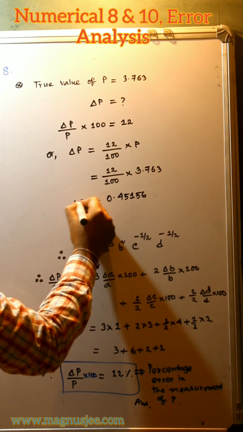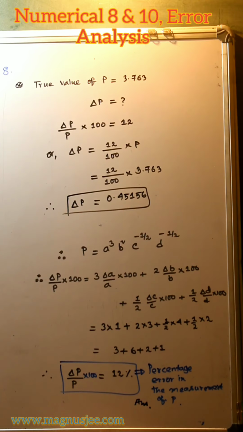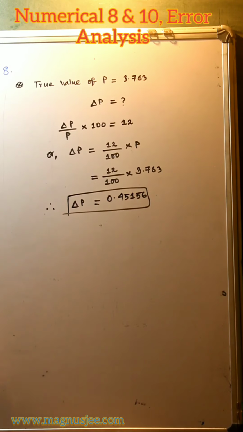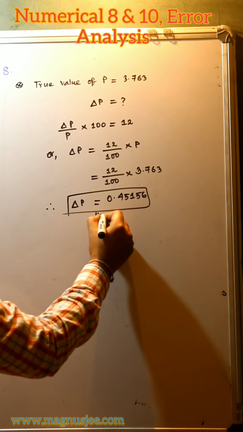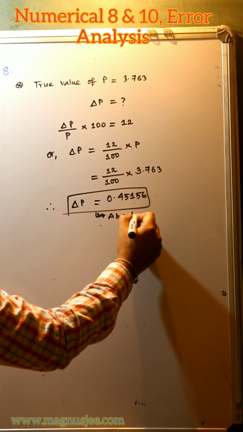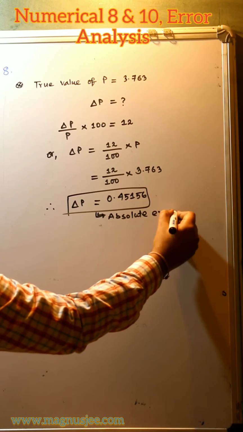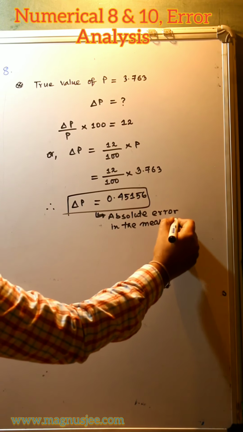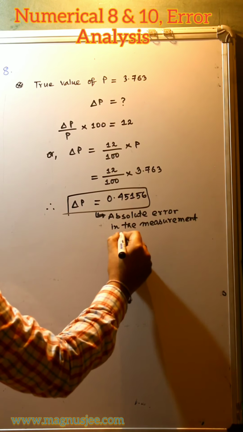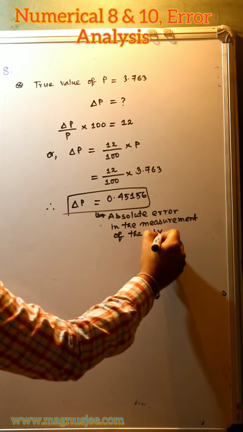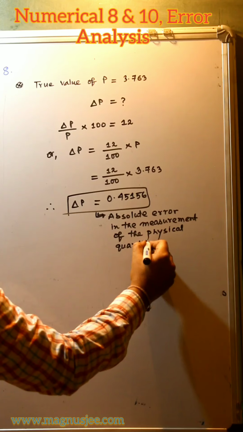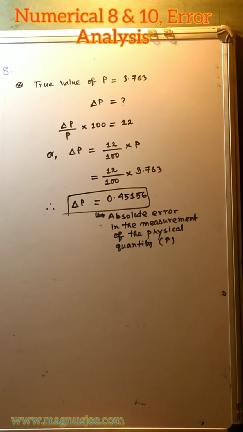This is the absolute error in the measurement of the physical quantity P, which can be rounded off.